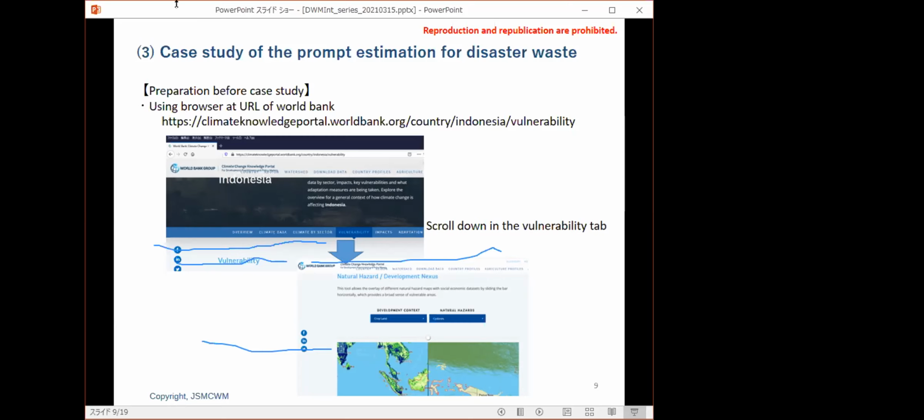So if participants can access a browser, please find this URL.